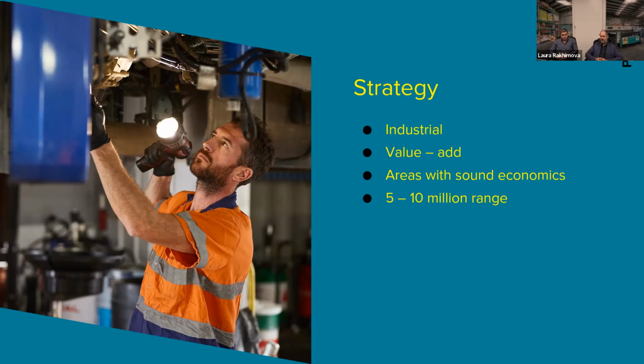So our strategy is to stick with industrial and, as we mentioned before, value add, and invest in areas with sound economics. So it's in areas where there's other industry going on and population increase.